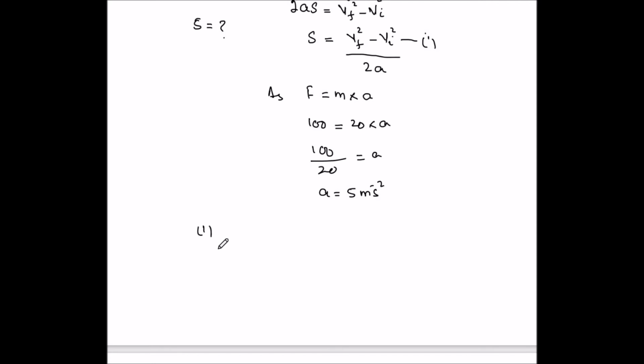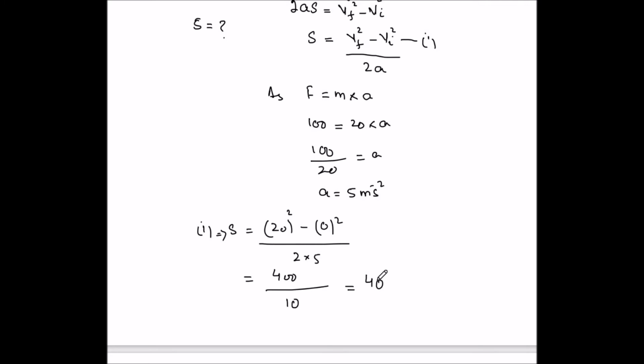By using equation number 1, s is equal to Vf, which is 20, squared, minus initial 0, divided by twice a, 2 into 5. 20 squared gives you 400. 0 squared means 0, no need to write here. 5 times 2 gives you 10. 400 divided by 10 gives you 40.